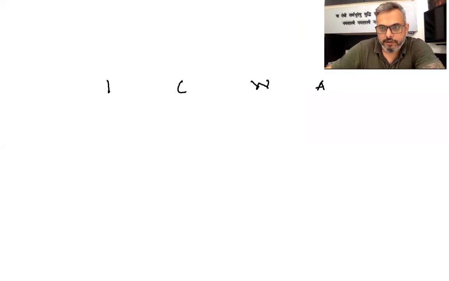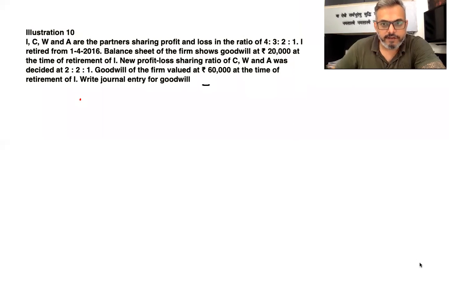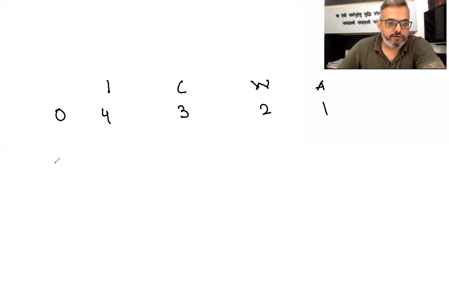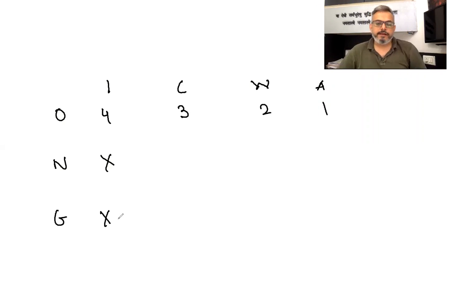Old ratio is already given to us. Obviously, it will be given. If it is not given, then it will always be equal. So old ratio is 4 is to 3 is to 2 is to 1. So 4, 3, 2, 1. Old ratio. Now new I is going to cross कर दो तो gain में भी I में कुछ आएगा नहीं.